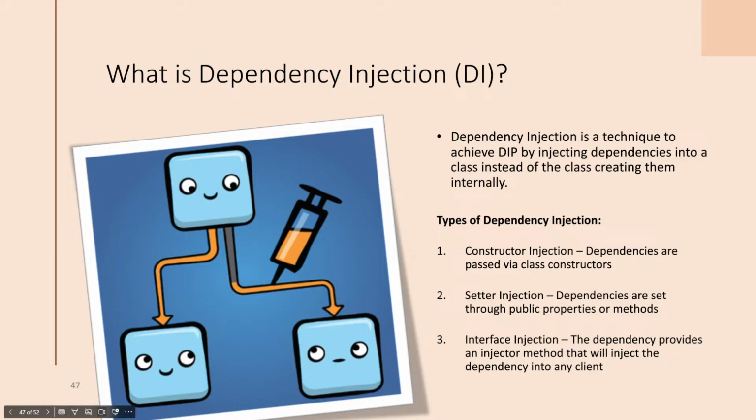It's one of the most common and recommended forms of dependency injection. Second one is setter injection. Setter injection is a dependency pattern where dependencies are provided to an object through a setter method after the object has been constructed. Third one is interface injection. Interface injection is a dependency injection pattern where dependencies are provided through a well-defined interface that the dependent class must implement. Next slide.